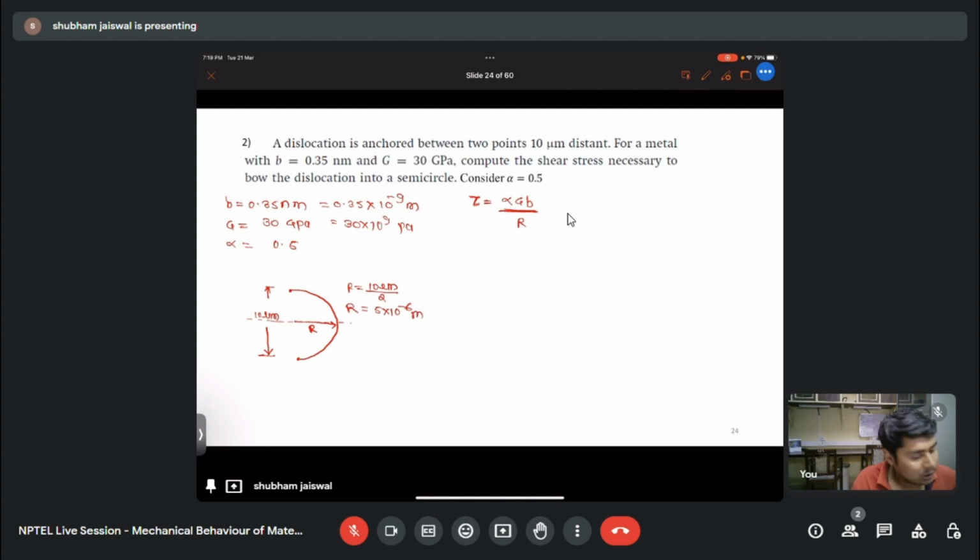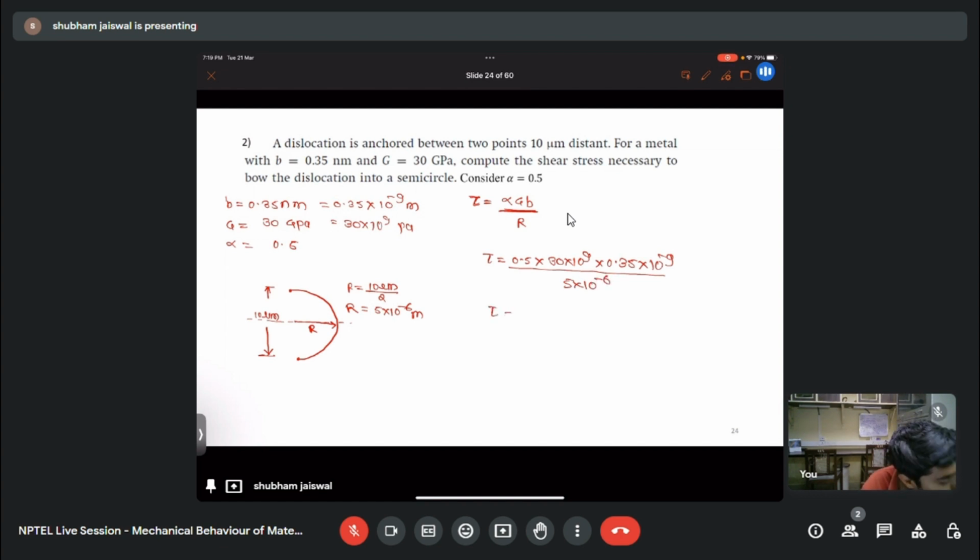Now put this value in this equation. Tau, alpha is 0.5, G is 30 into 10 to the power 9, into 0.35 into 10 to the power minus 9, divided by 5 into 10 to the power minus 6.